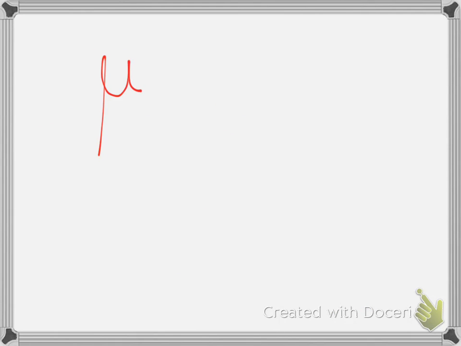This symbol, do you remember what that symbol's called? Well, it stands for micro. The symbol itself is a Greek letter. Do you remember its name? I'm going to give you a clue.